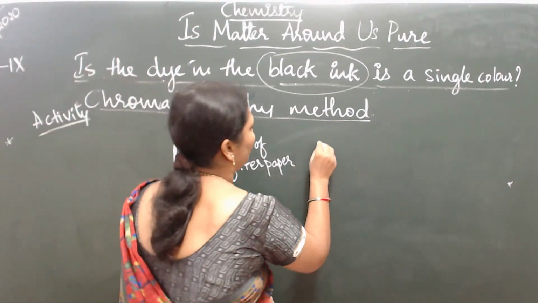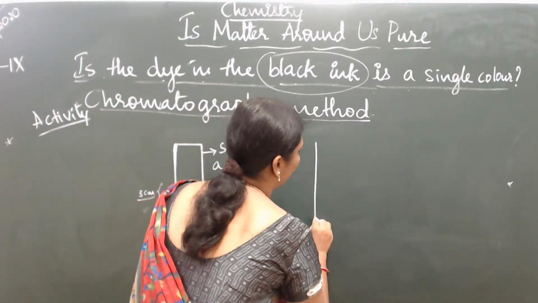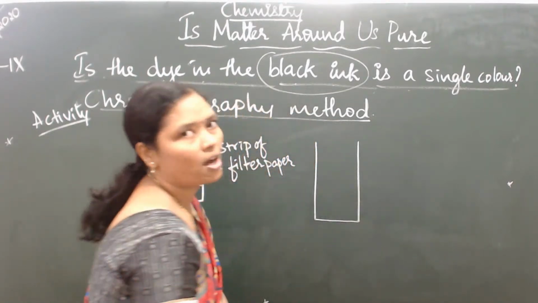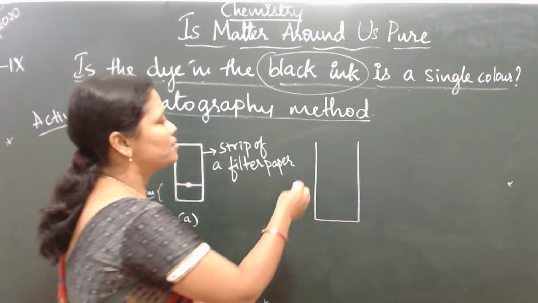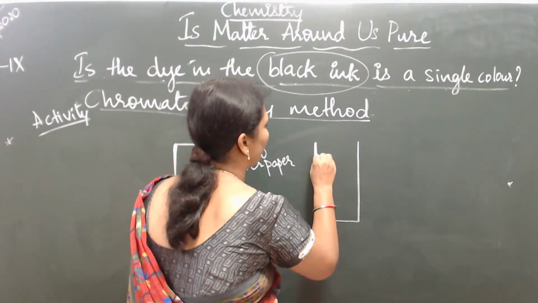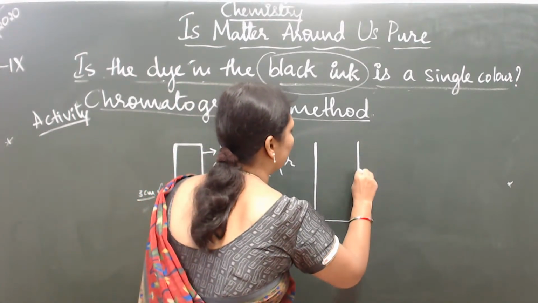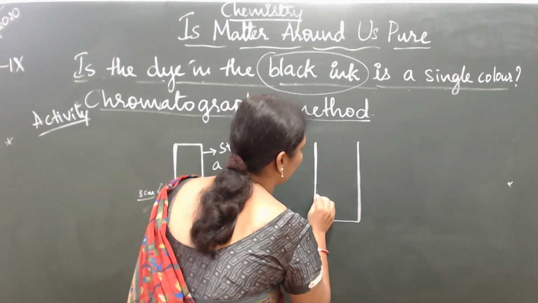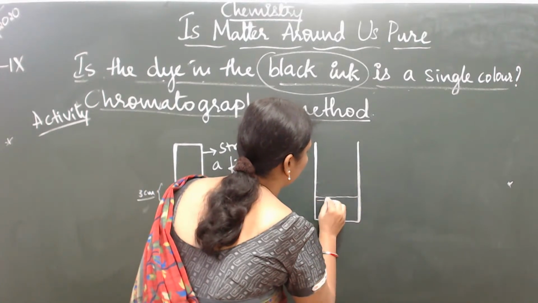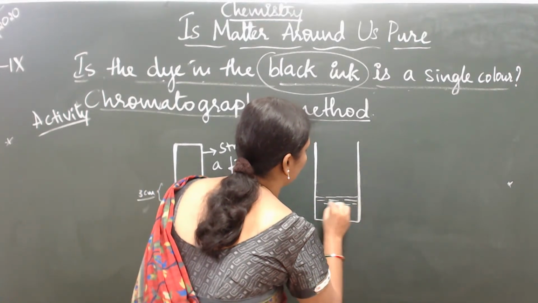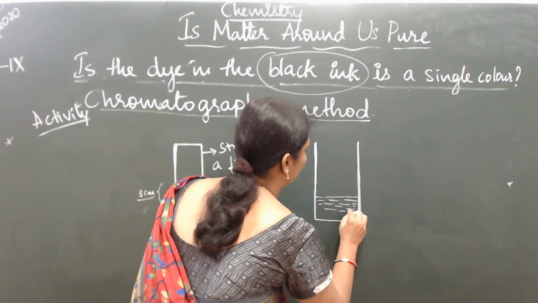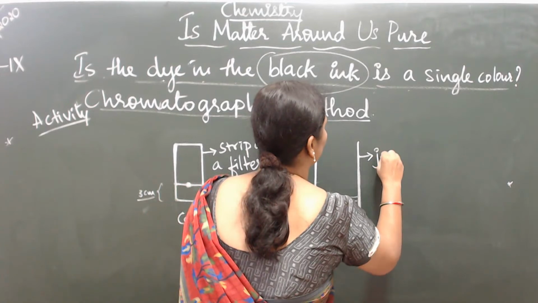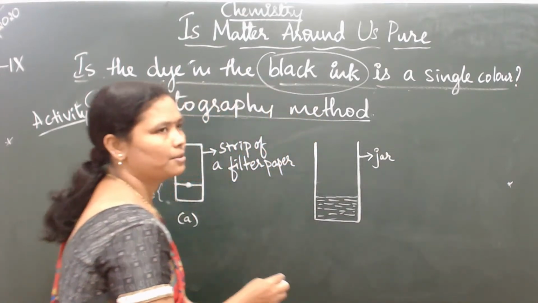After that we need a glass jar, a tall jar, or you can take a beaker. In the beaker we have to take water, about 1/4 of the beaker filled.